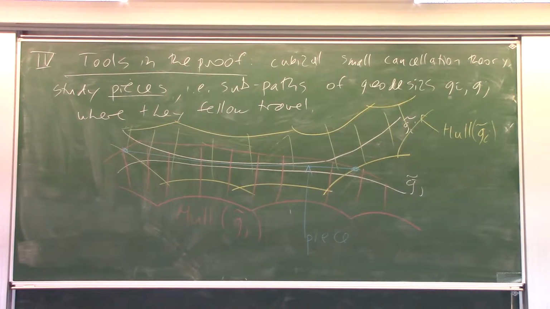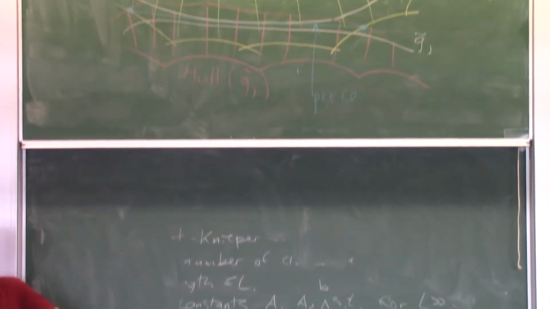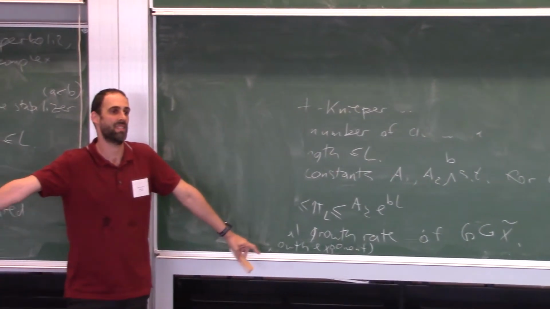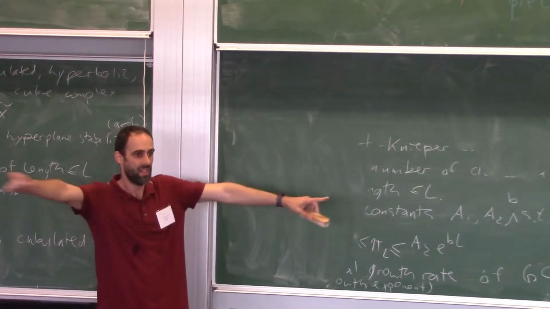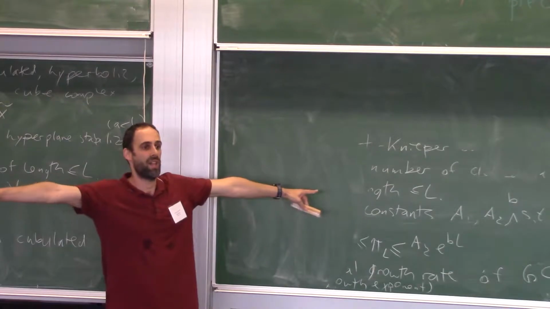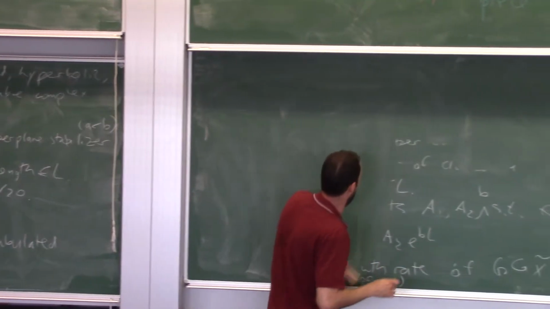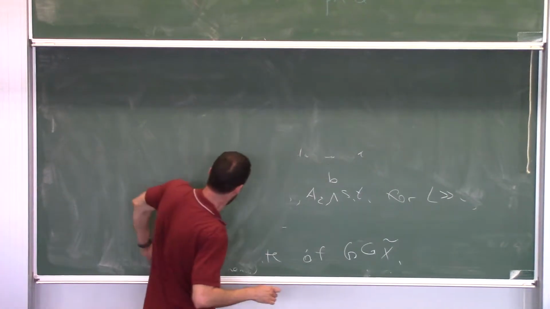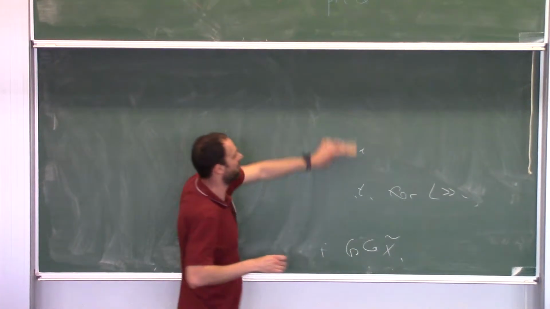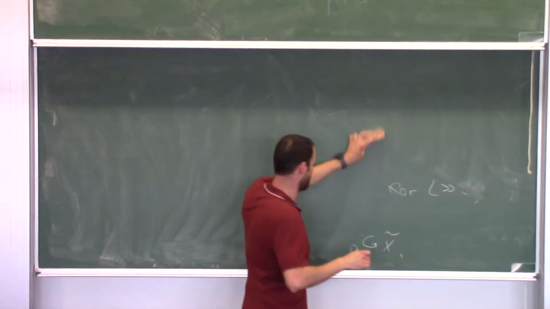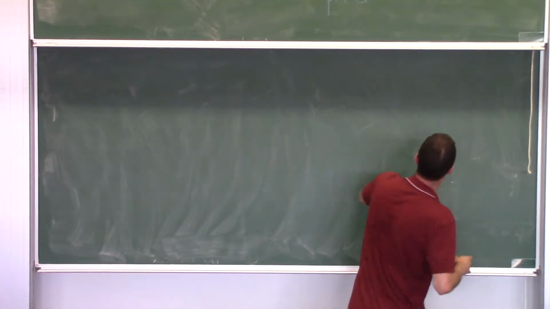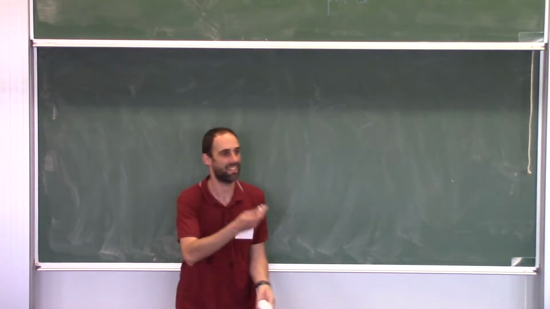So the convex hull of Gi lies within some bounded neighborhood of it, and the convex hull of Gj lies within some bounded neighborhood of it. So you're taking two sets that are quasi-lines and taking their intersection. It's going to be uniformly quasi-isometric to a line segment. And certainly part of what happens in this game is that additive error is just completely irrelevant.